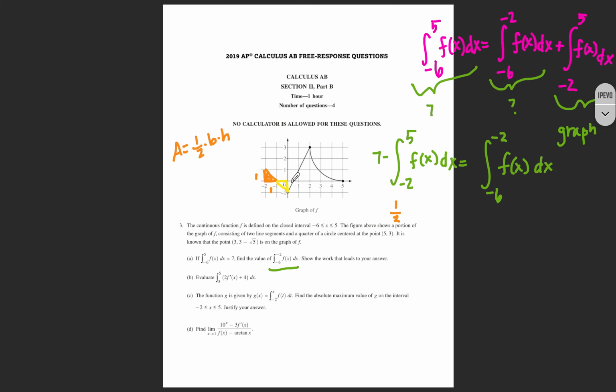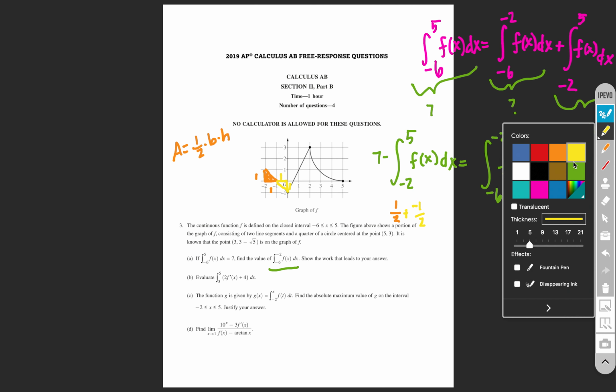I just have to check what the base and the height are. The base is this length here, 1, and the height is also 1. So this one also is 1/2, but it's underneath the x-axis, so it's a negative area, -1/2. And we're going to continue on like that.